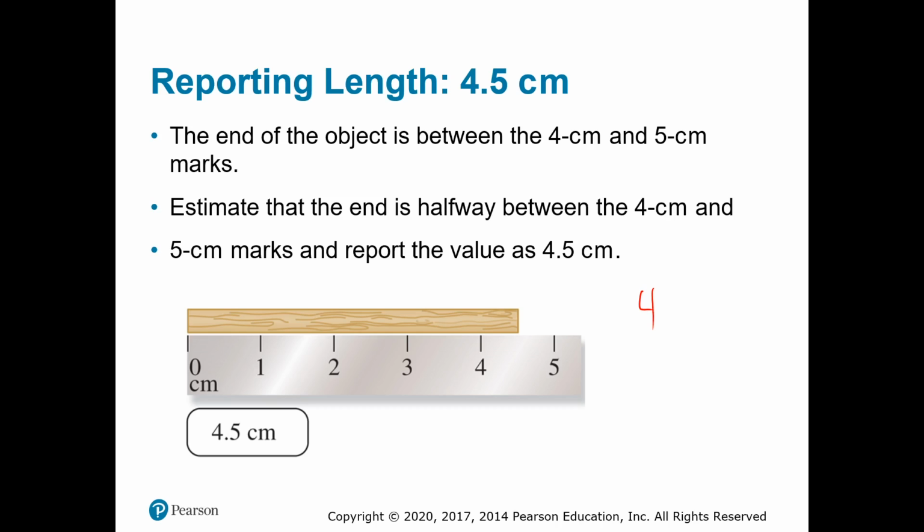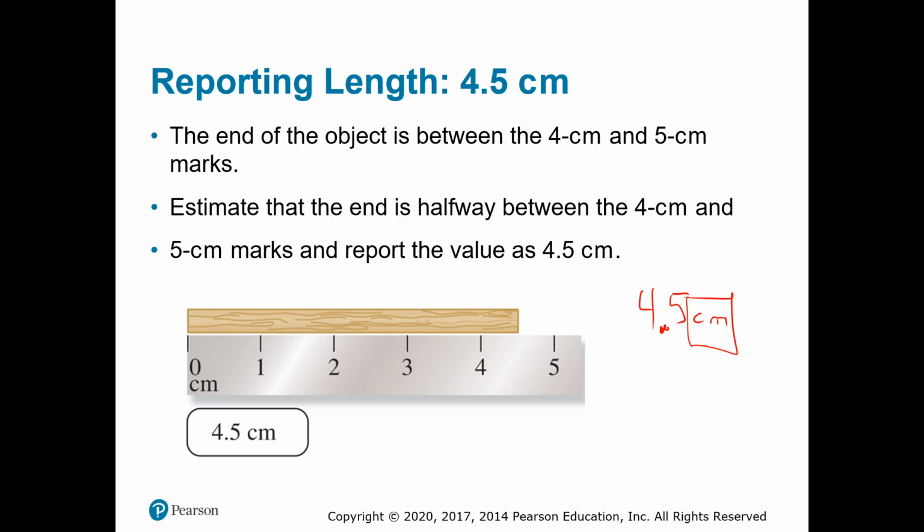I'm not sure. I don't have a mark to tell me where we are in between. So that is an estimation digit, which I then have to come up with myself. So I'm going to say it's about halfway, so I'm going to call that a 5. And then a centimeter. So I have the digits I'm sure of, in this case is only one estimation digit, and as I said in the previous video, the units. Very important, keep the units on things.